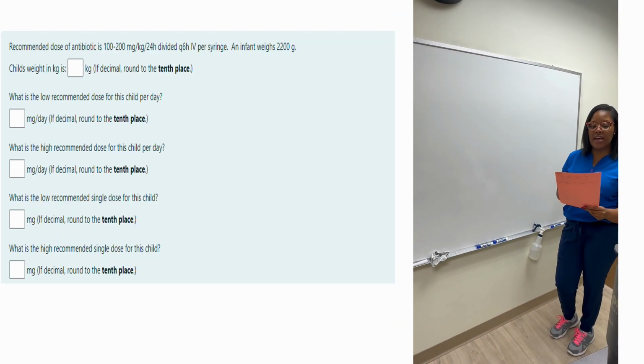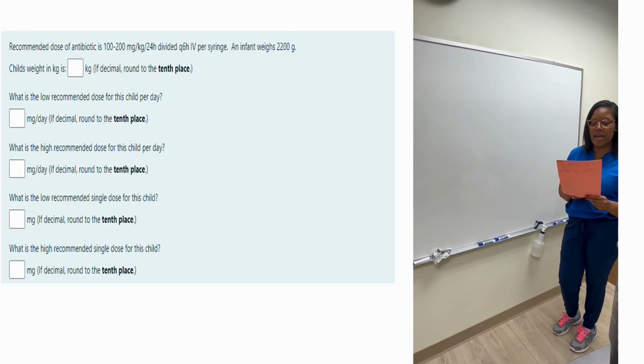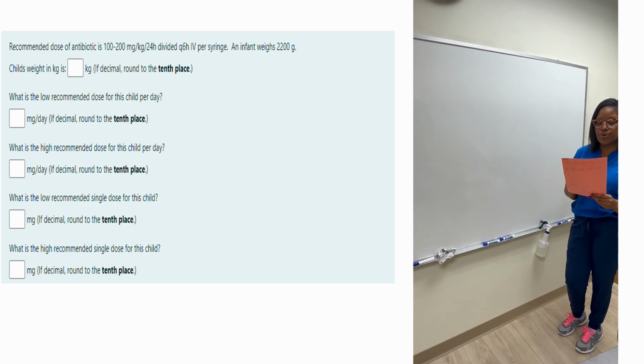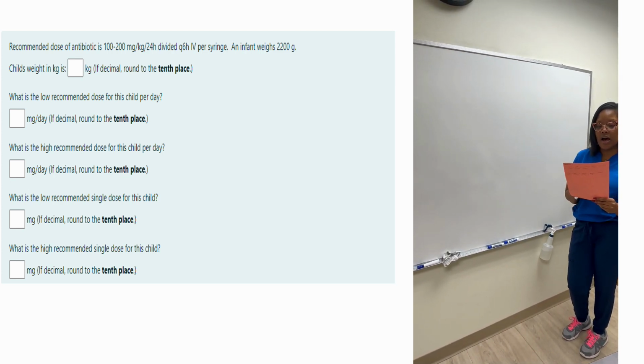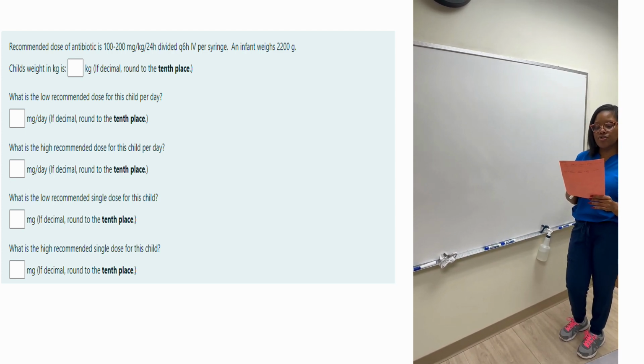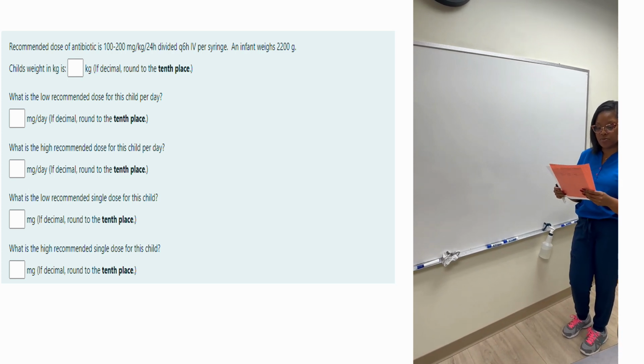All right, so the next pediatric question says, the recommended dose of the antibiotic is 100 to 200 mgs per kg per 24 hours divided every 6 hours, IV per syringe. An infant weighs 2,200 grams. So first we need to convert the child's weight.